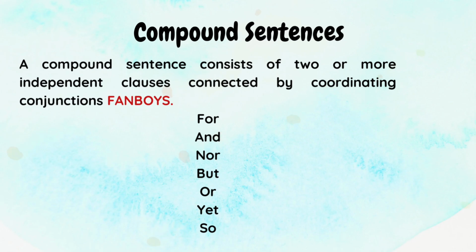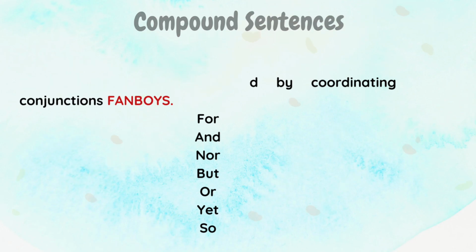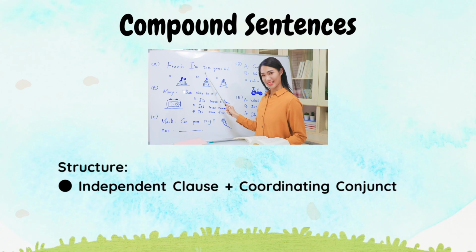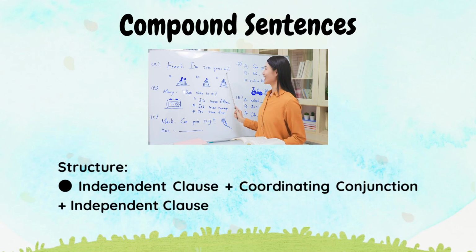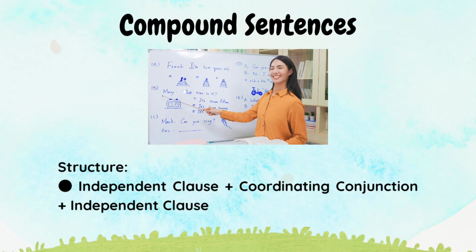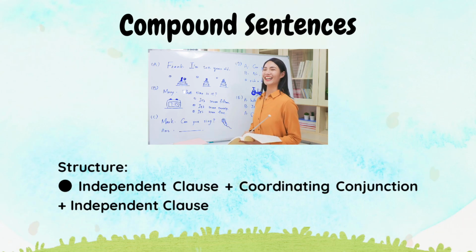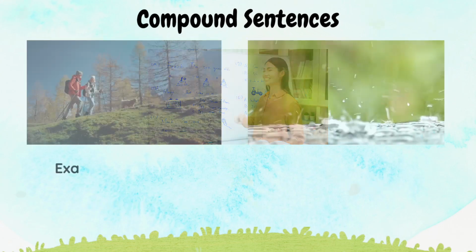Meanwhile, in a complex sentence, the clauses are connected by subordinating conjunctions. So, the structure of a compound sentence is independent clause plus coordinating conjunction plus independent clause.